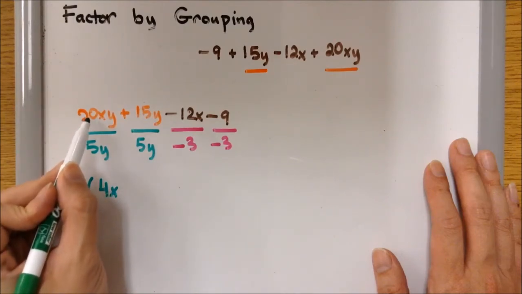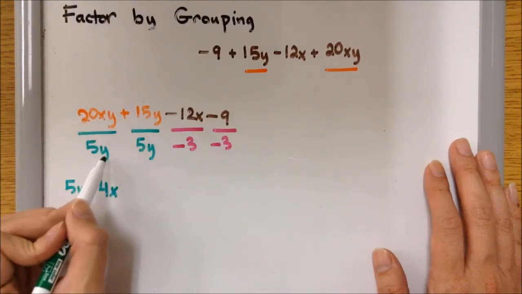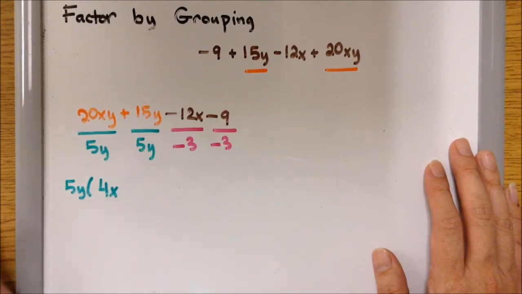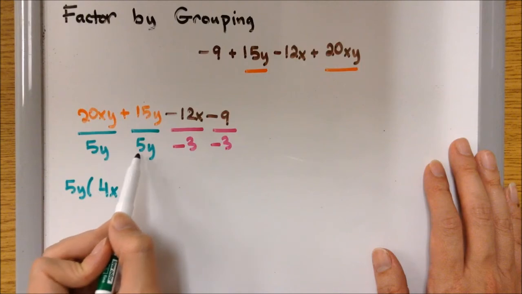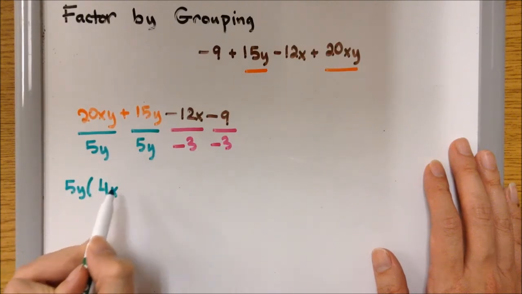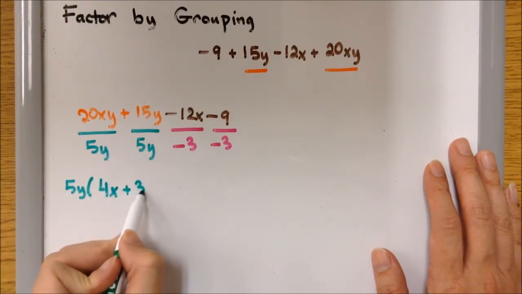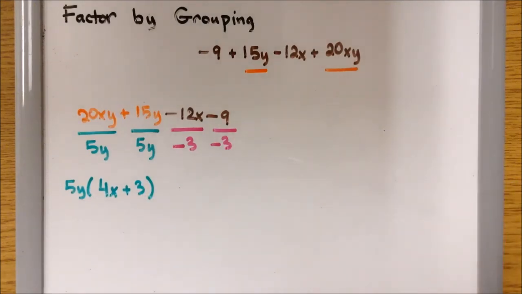So 20xy divided by 5y will be 4x. And then positive 15y divided by positive 5y will become plus 3. And then close parenthesis.